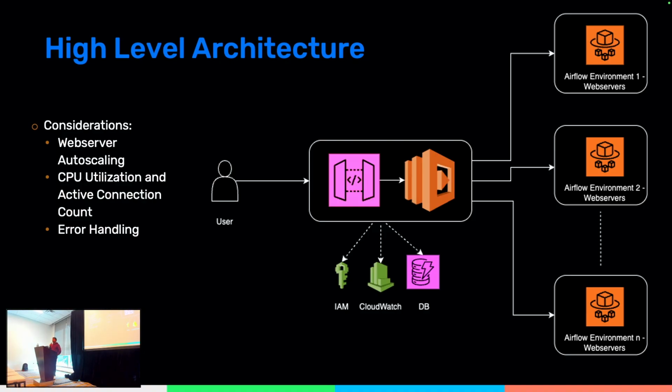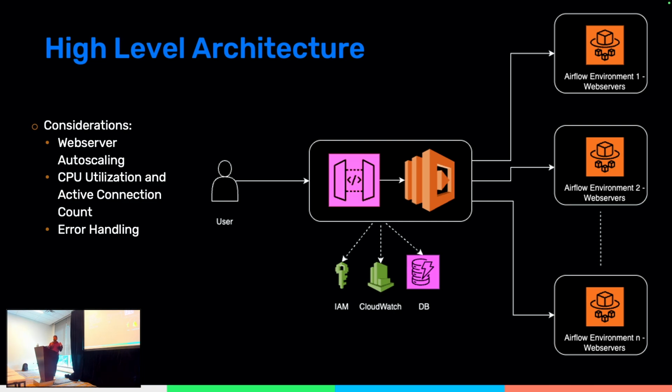One of the interesting things when we were designing this feature was, okay, we have a very highly scalable control plane. Customers can have a very high TPS call for InvokeRestApi, but ultimately this call goes to the Airflow web server, right? So that should scale as well. Until early last year, we did not have support for web server auto scaling.